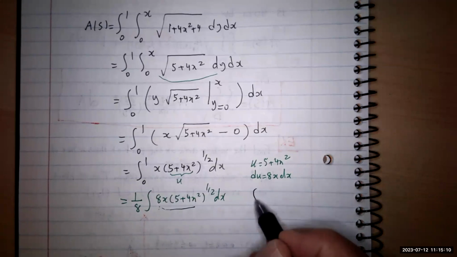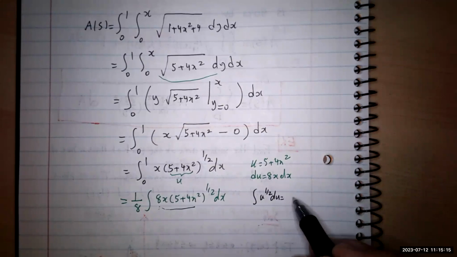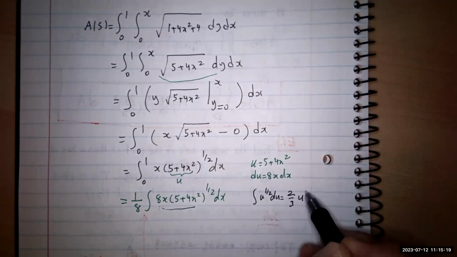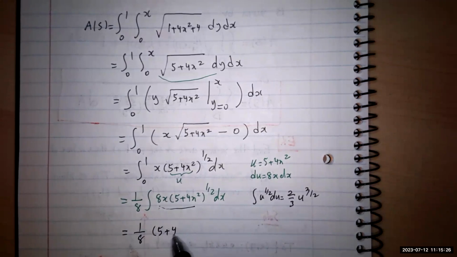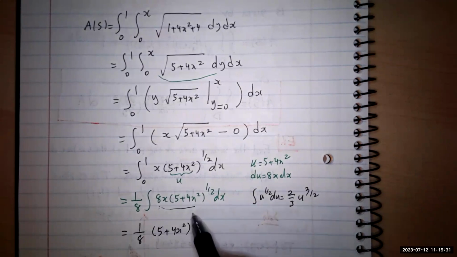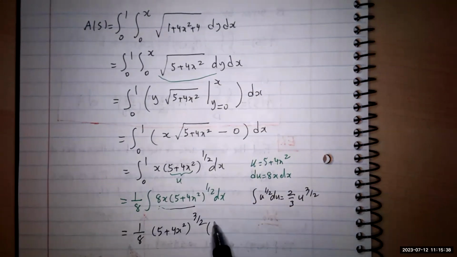This is going to be like u to the 1/2, and the integral would be u to the 3/2 over 3/2, which is 2/3 of u to the 3/2. So this is going to be 1/8 times 5 plus 4x squared to the 3/2, times 2/3, of course, going from 0 to 1.